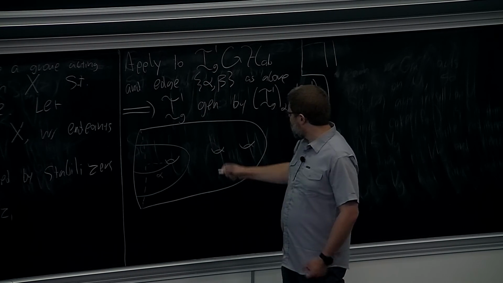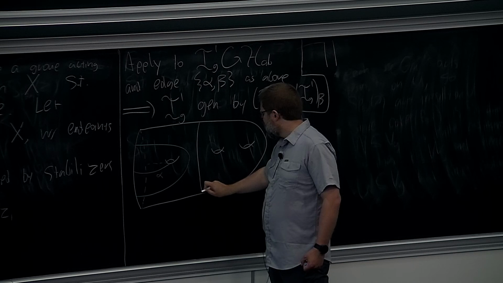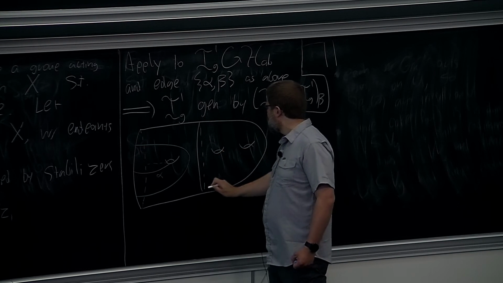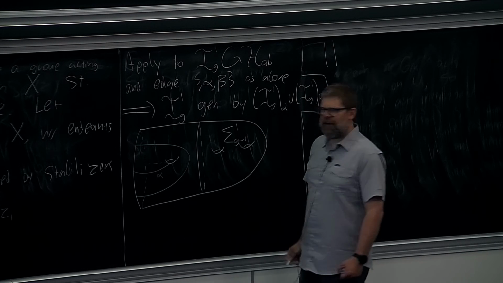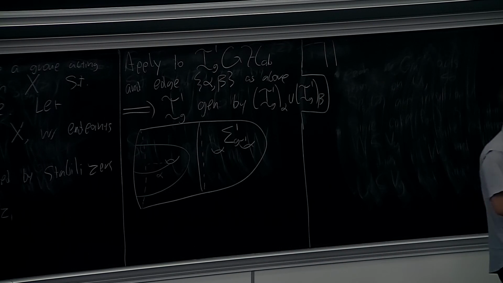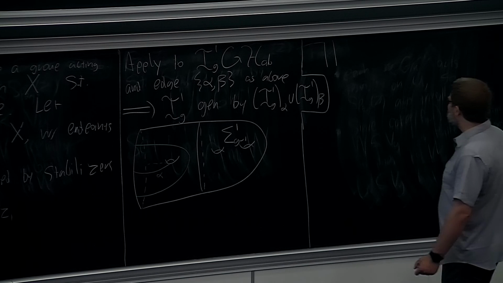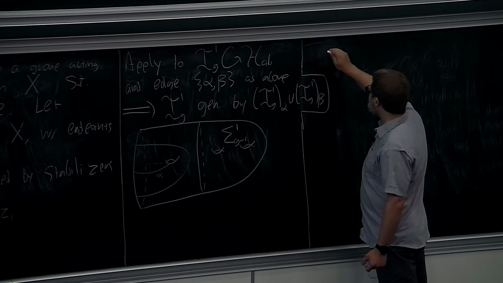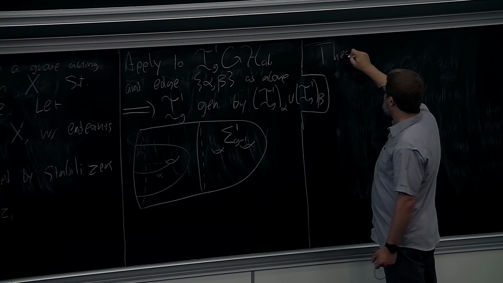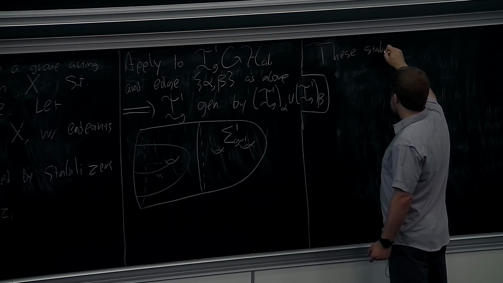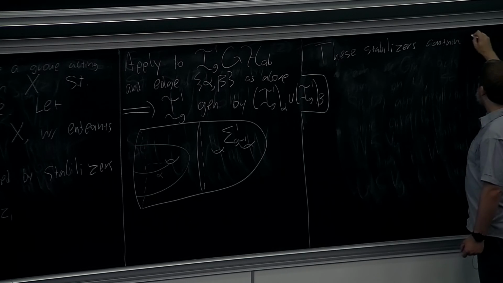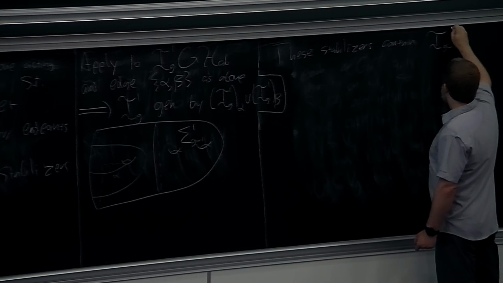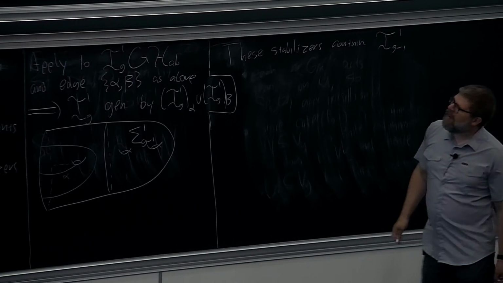And I want to make an observation that over here, disjoint from both of them, is sigma_{g-1,1}, right? And so these stabilizers contain Torelli of sigma_{g-1,1}, Torelli of sigma_{g-1}, right?